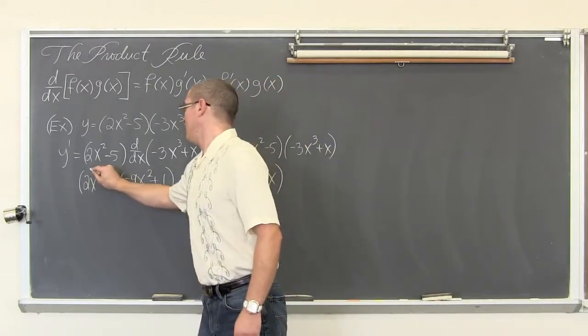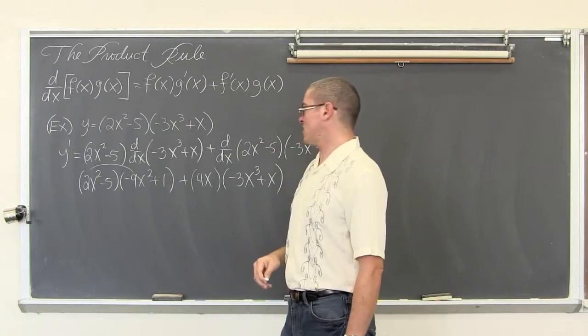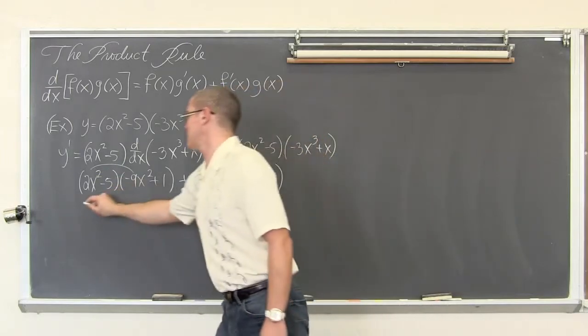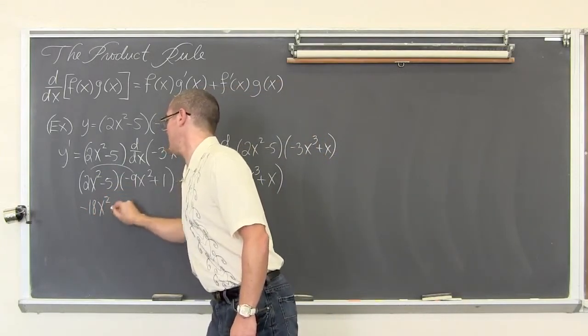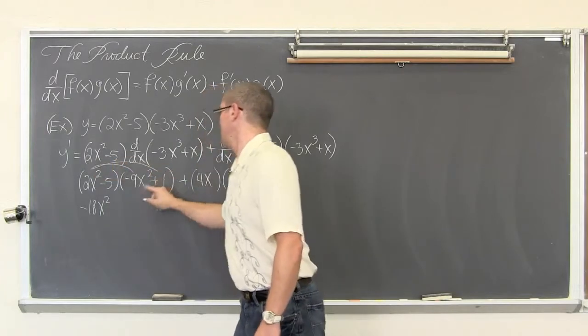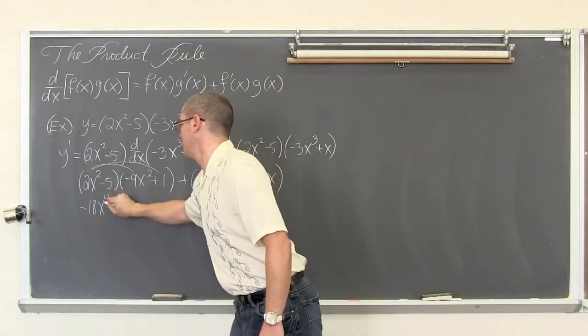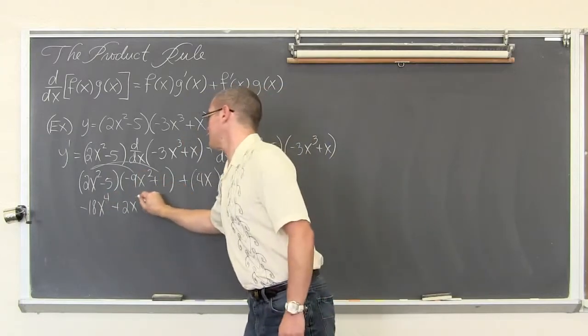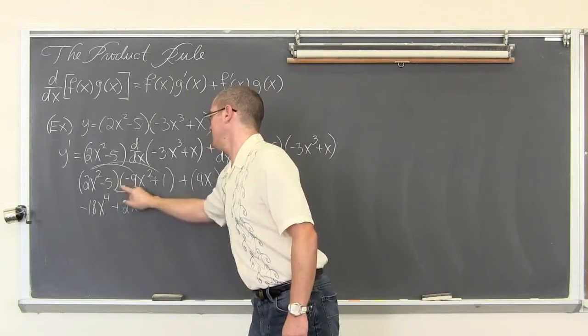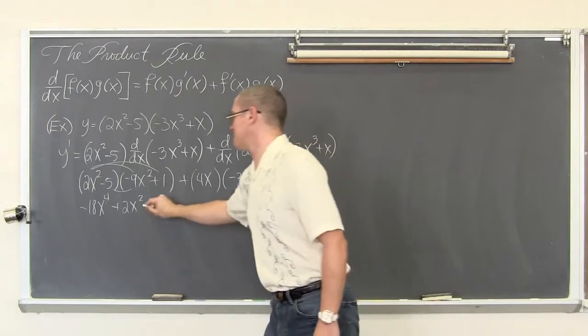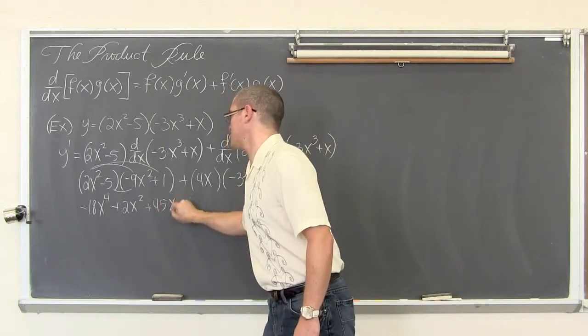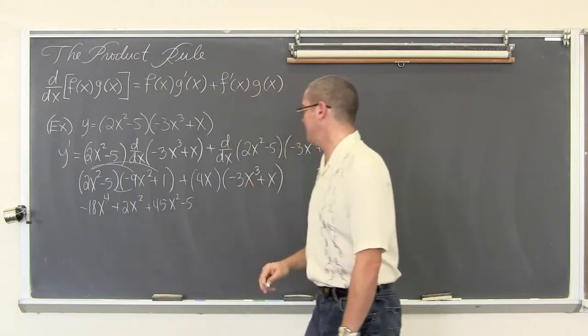So we have 2x squared times negative 9x squared is negative 18x to the fourth, and then positive 2x squared, and then negative 5 and negative 9 is positive 45x squared minus 5.